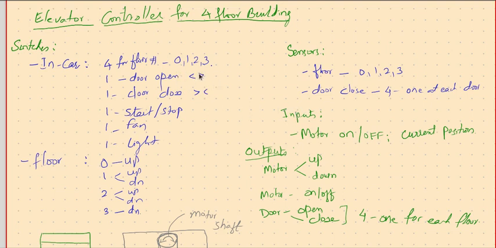So there is one switch inside the car which tells the system to open the door for one more period. Or if the work is done and you don't want to wait for that whole period, then you can use another switch called close door.